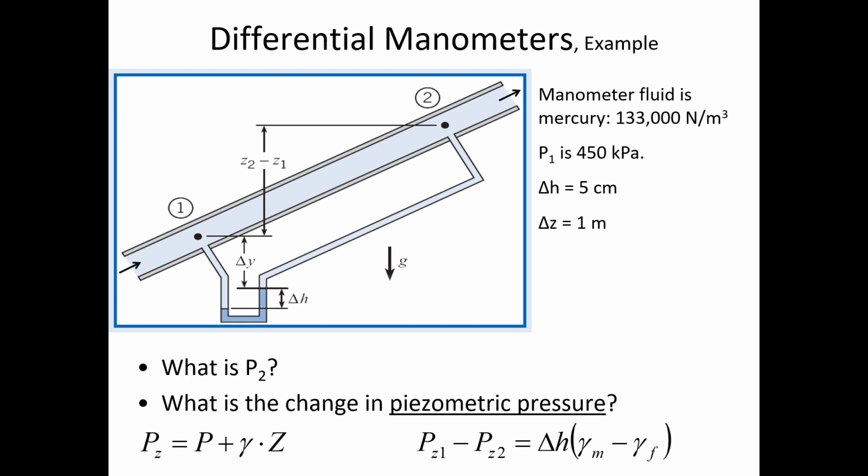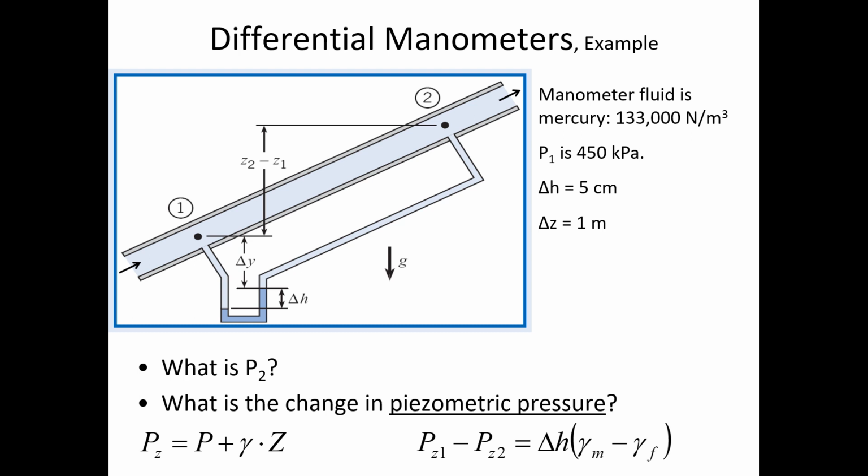450,000 pascals plus 0.05 meters of water, 9810 newtons per meter cubed, minus 0.05 meters of mercury, 133,000 newtons per meter cubed. This time I'm calling mercury 133,000 newtons per meter cubed; that was up in the preliminary info.